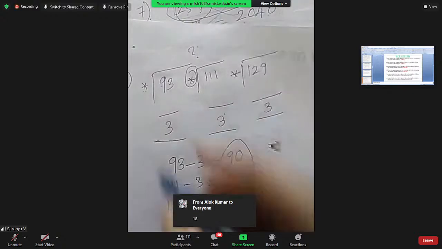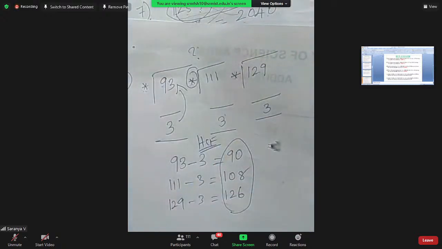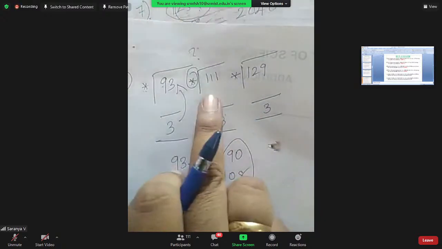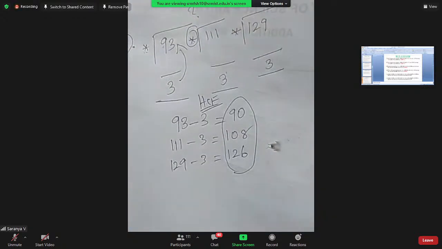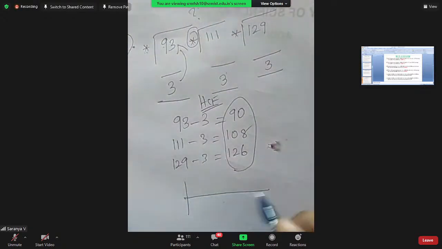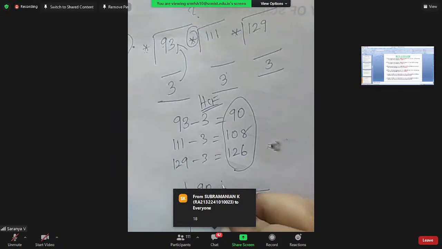Just remove the remainder from the number and find the HCF, that is the common divisor for all the 3 numbers. So find it. What is the HCF? 90. Very good. Yes, post your answers.